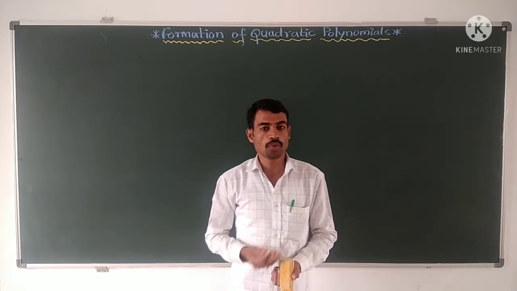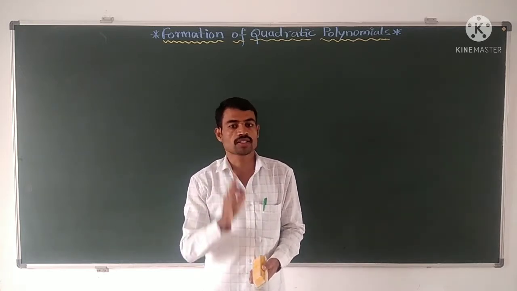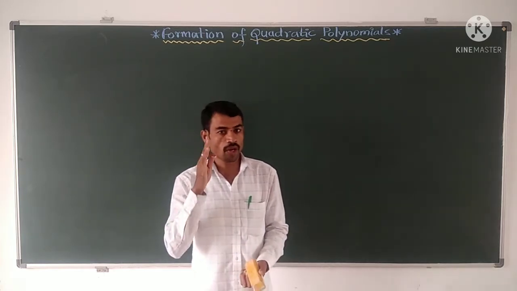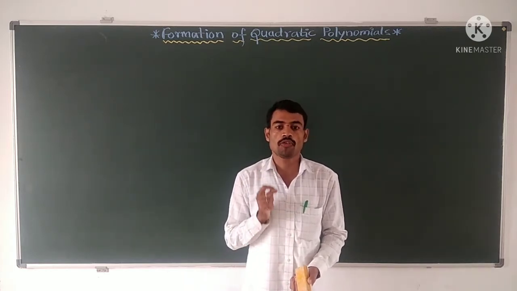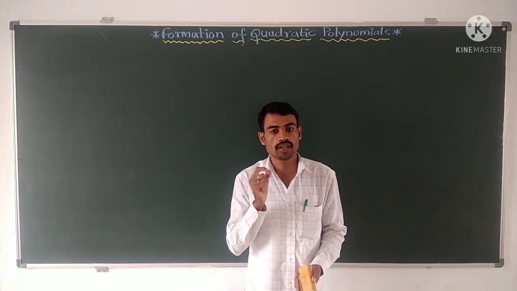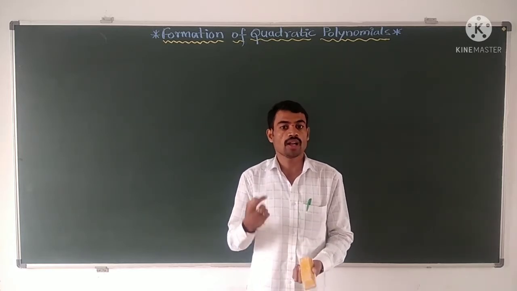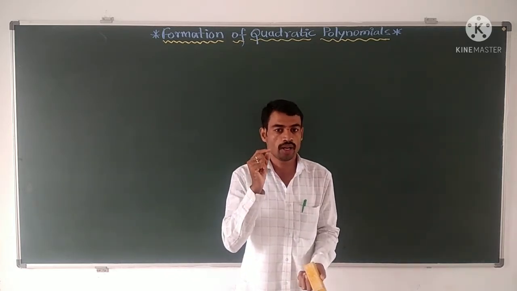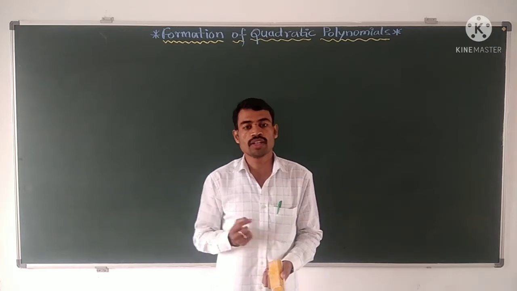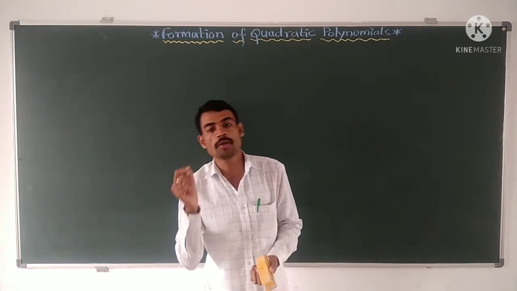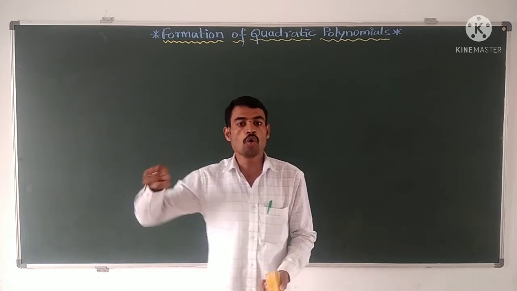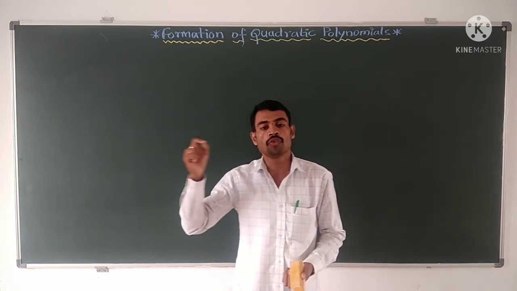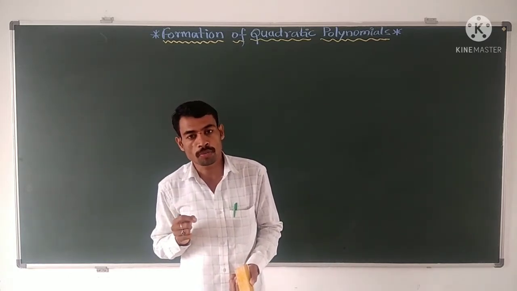Clear? So here we have to assume that P of x is a quadratic polynomial. We have also considered two zeros of the quadratic polynomial, one is alpha and another one is beta. If alpha and beta are given, we need to find the quadratic polynomial.